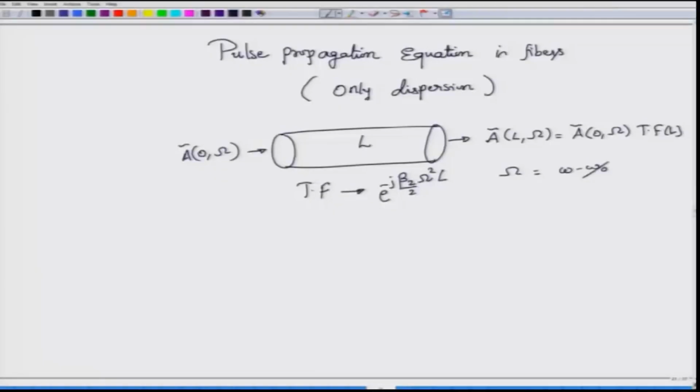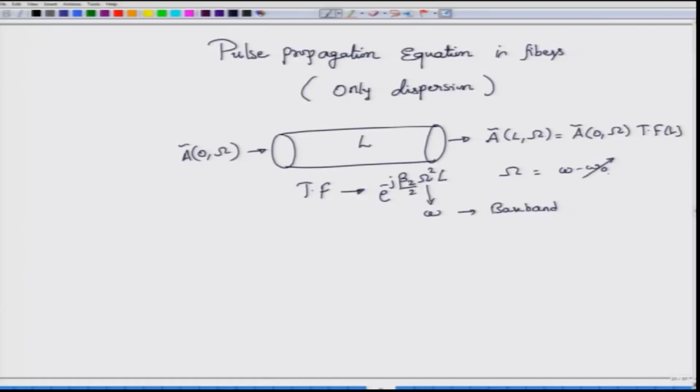I am going to assume that omega 0 is equal to 0 and rewrite the notation. Instead of the capital omega, I will now use the small omega, which represents the baseband frequency. If you want to know what is happening at the carrier frequency, you simply take the output Fourier transform and translate it by omega 0, to move the spectrum from the baseband to the pass band.